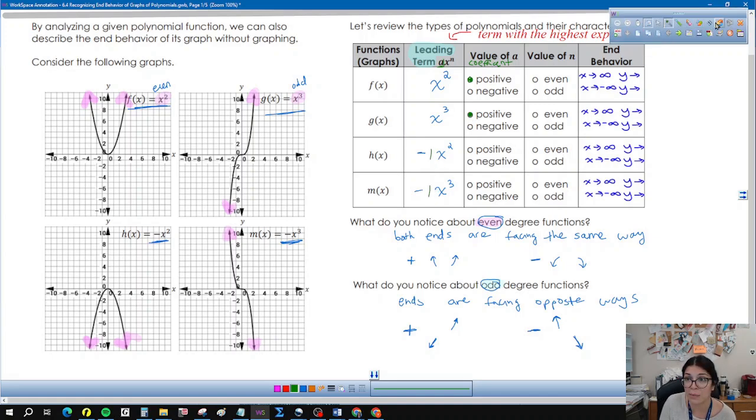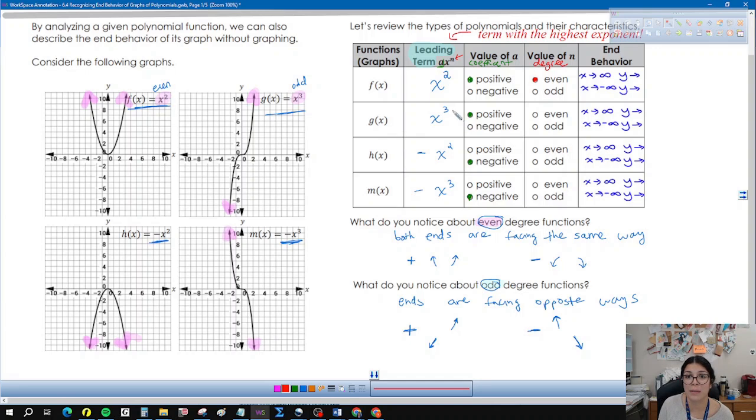Negative 1 is a negative, so the coefficients on those two are negative. The value of n is the power. n is the degree. Let's make sure we write that down. So a is the coefficient, n is the degree. And if the degree, notice f of x, the degree is an even power.